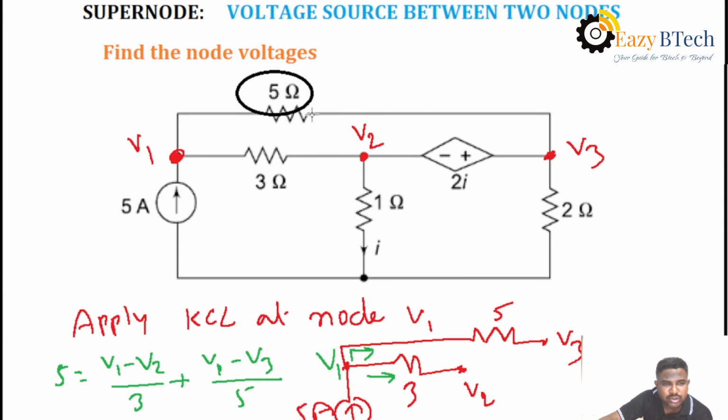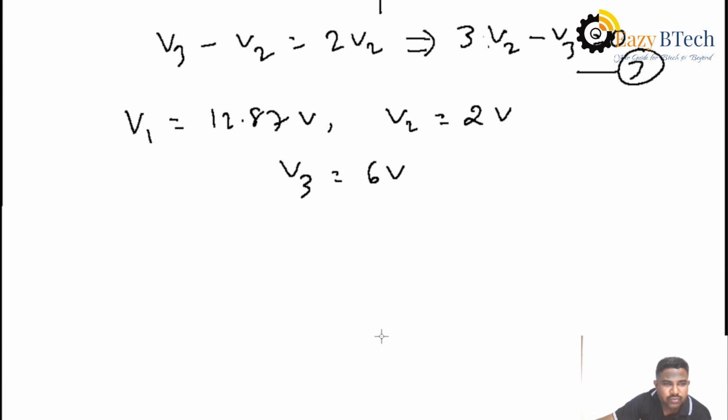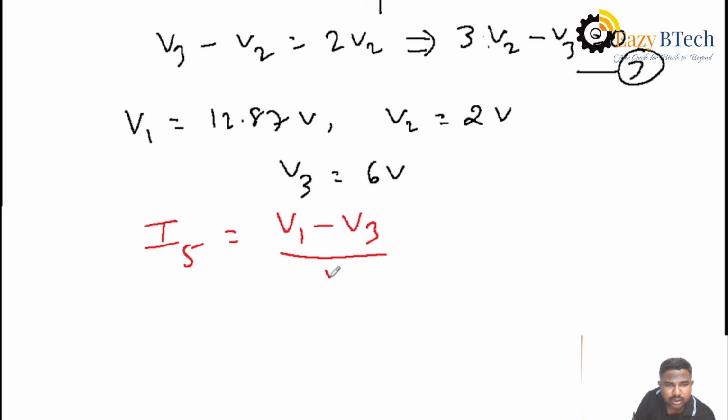For example, in this problem also, find the current passing through the 5 ohms. What is the voltage across the 5 ohms? It is between V1 and V3, and we have both node voltages: V1 is 12.87 and V3 is 6 volts. So the current I5 passing through 5 ohms is V1 minus V3 by R, since V1 is larger than V3. R is 5.